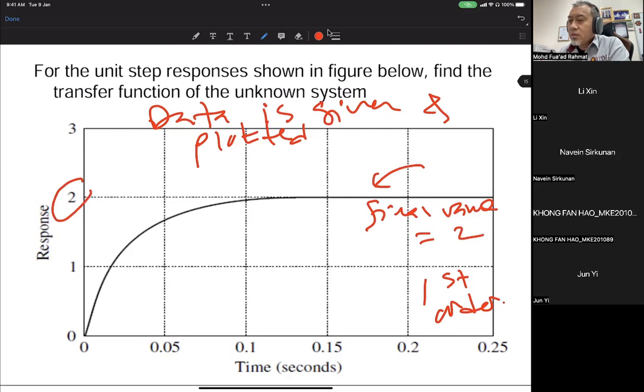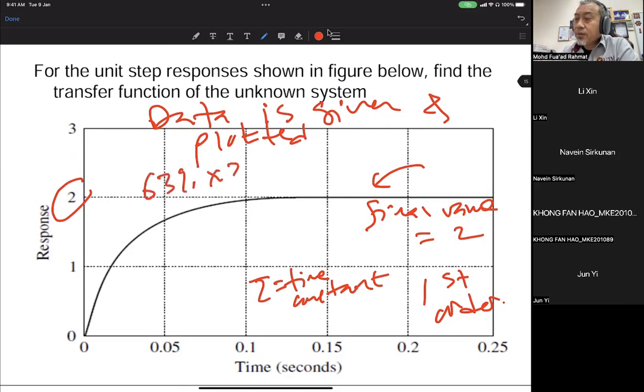And then since it is a first order system, we have to use the second strategy, which is to find the time constant, sorry, not time delay, time constant. According to the theory, the time constant is at 63% of the final value of the output.